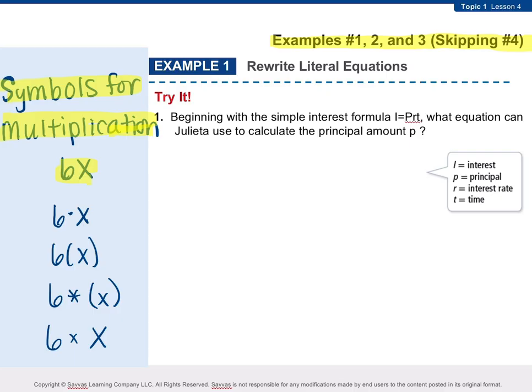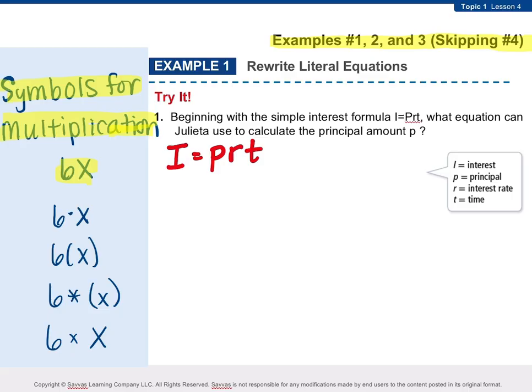In question 1, beginning with the simple interest formula, I equals PRT, so that's P times R times T, what equation can Julieta use to calculate the principal amount P?